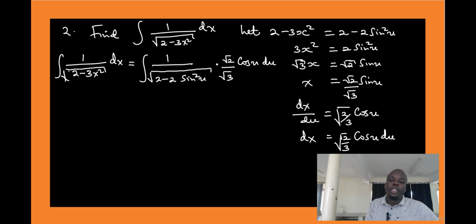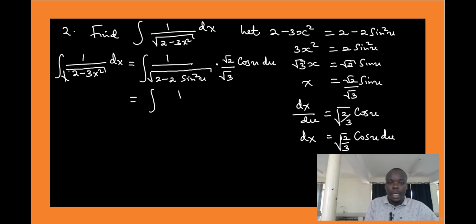Then from this point, remember, 2 is a common factor. Pull it out. We shall have a root 2, which will cancel with a root 2. You remain with 1 minus sine squared, which is cos squared, but square root of cos squared is cos. So if you go slowly, you will get to a level where things get so simplified.